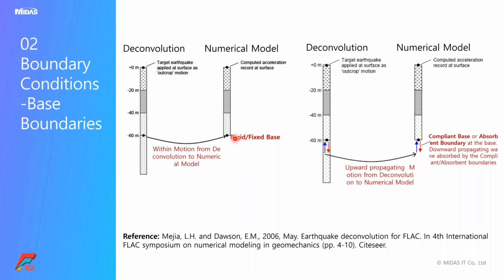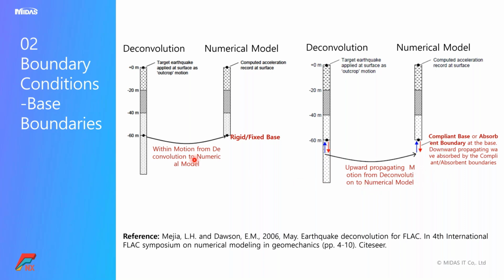So a within wave needs a fixed base at the bottom of the finite element model. If we consider the outcrop motion at the base of the model, then it should be accompanied by a compliant base or absorbent boundary in the software.